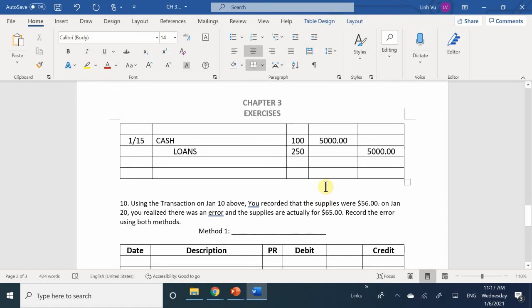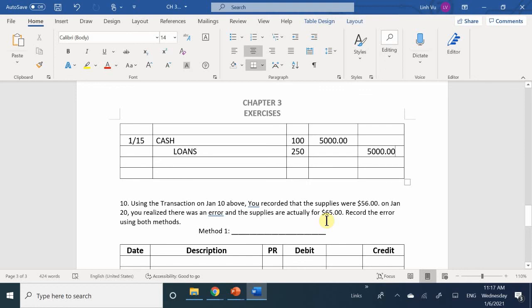So number 10, using the transaction on January 10, from above, you recorded that the supplies was for $56, but then on January 20th, you realize that there was an error and that the supplies were actually for $65.